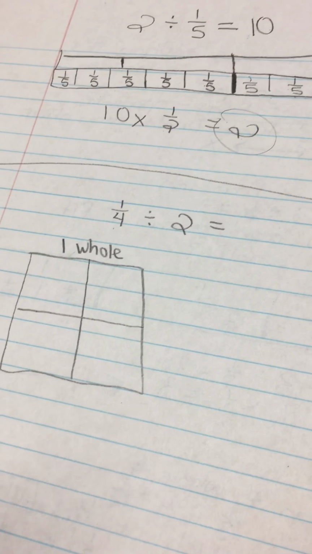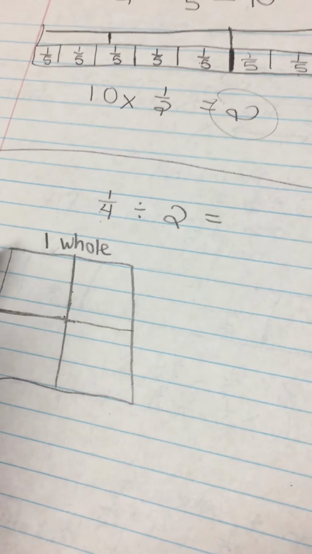Okay, the question for this one was how much of the whole is each piece when 1/4 is divided into 2 equal pieces. So that means I have to focus on 1/4. I'm going to look at this top corner here. Here's my 1/4, and I have to divide it into 2 pieces. Easy.